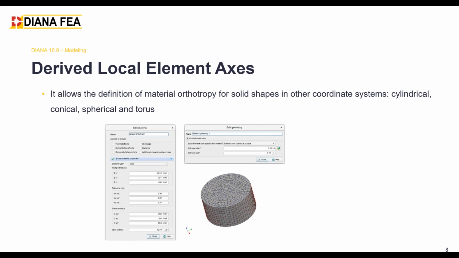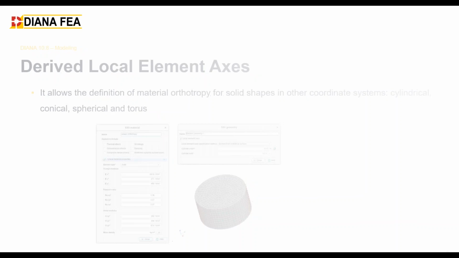This feature opens new modeling possibilities. It allows the definition of material orthotropy for solid shapes in other coordinate systems. So you can do that in cylindrical, conical, spherical, and torus. On this screen, we have an example of a cylindrical system.